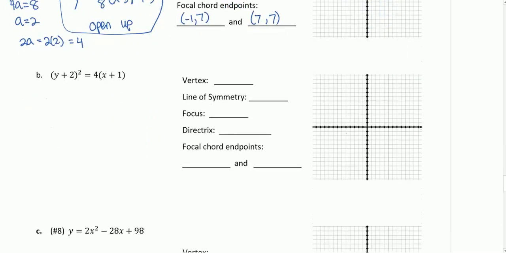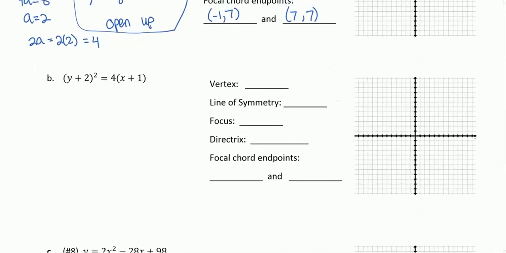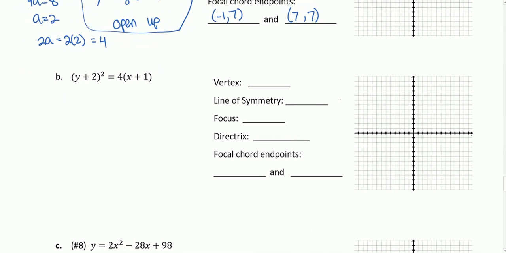So here on part B, the (y + 2) squared is on the left-hand side, and we want to move it to the right-hand side. So we want to switch sides. By the way, this is taken from number 2 on worksheet 7. So when we switch sides, we end up with 4 times (x + 1) is equal to (y + 2) squared.